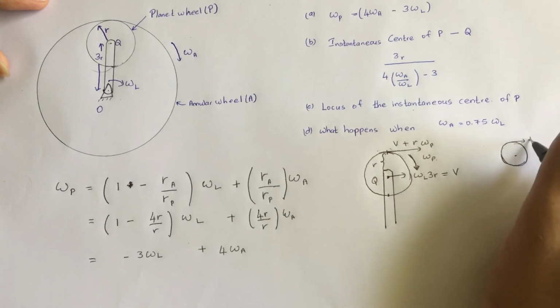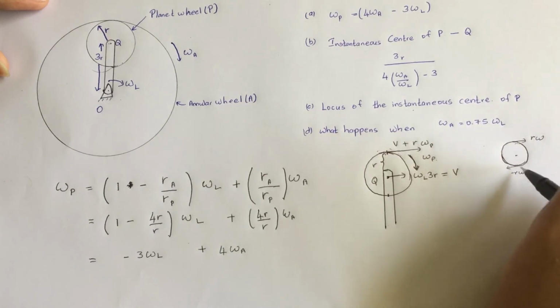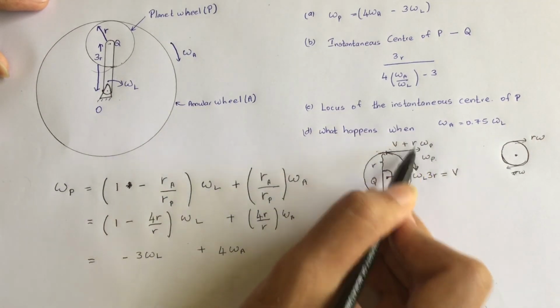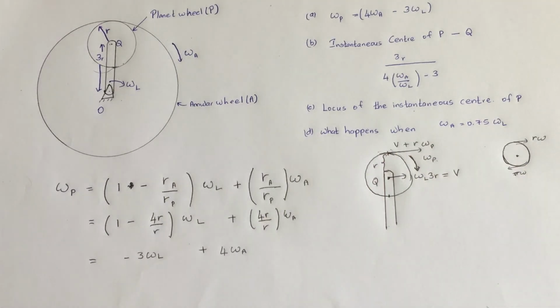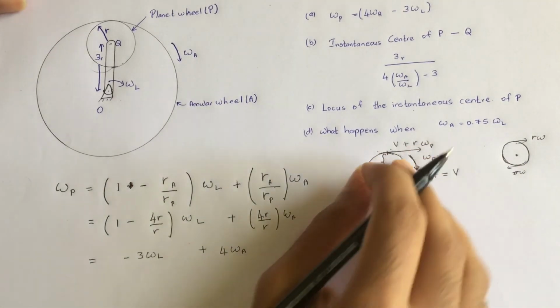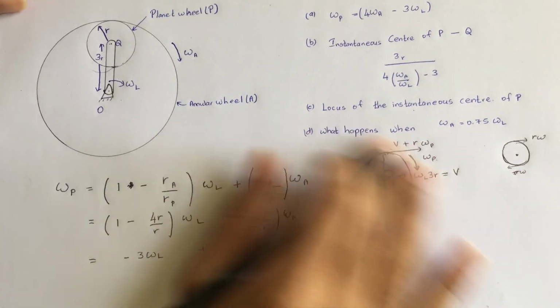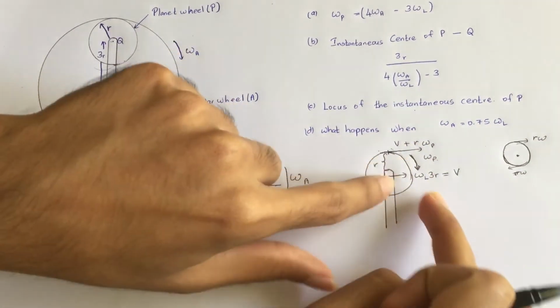We can directly tell this is r omega, then this is minus r omega, and this is plus r omega in the opposite direction. Let's say it's about a fixed point and it's going to rotate. Likewise, omega P simply means this planet wheel is going to rotate about its own axis. So if you don't consider the v, it's going to rotate about this point.